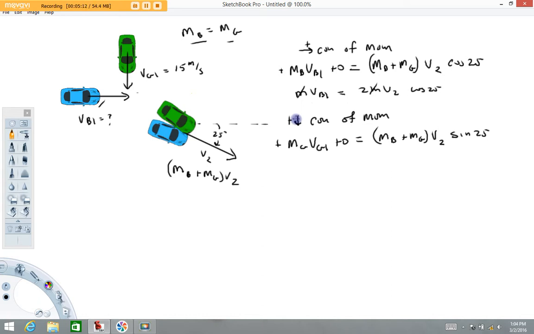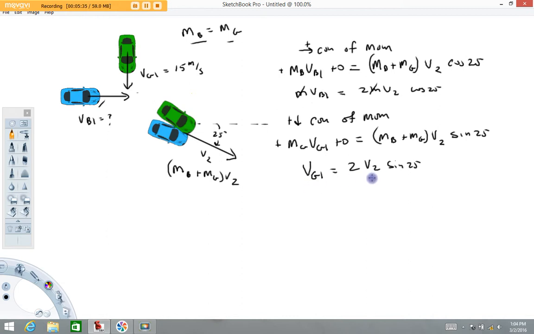Now, just like I did before, I'm going to make use of the fact that in this problem they're the same masses, which means this can be written Vg1 equals 2 V2 sine 25. And that's because if this is m, this is 2m, and the masses just divide out. All right, so this is a known value here. This is an unknown value.